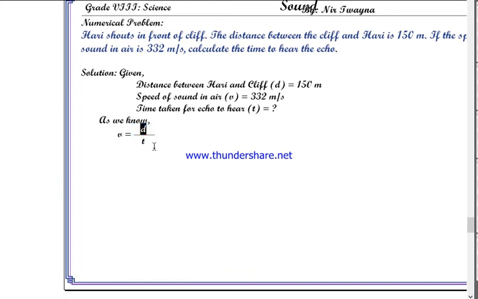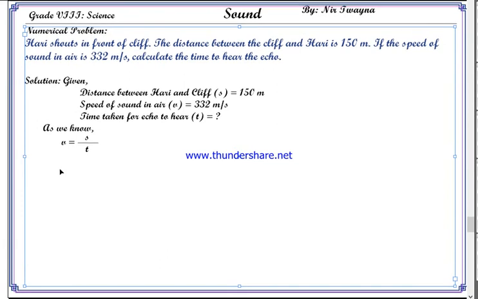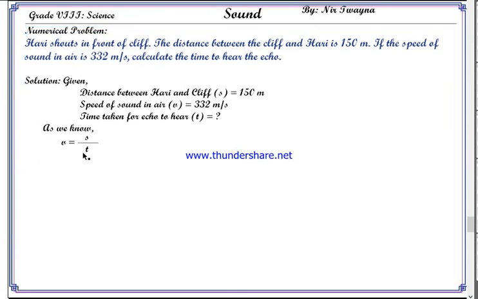Okay, I feel a little bit uncomfortable with D because D is used for density. Yes, okay, let me replace it by S. Okay, now you can see V equals to S by T, velocity or speed equals to distance traveled by time taken.